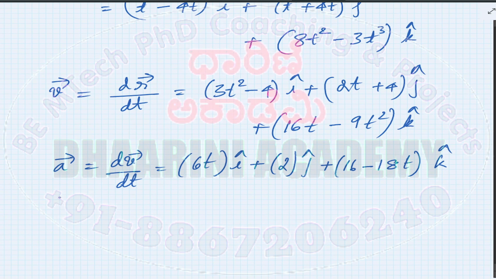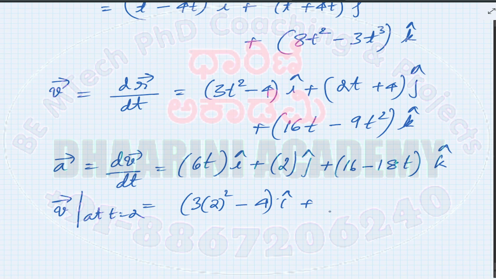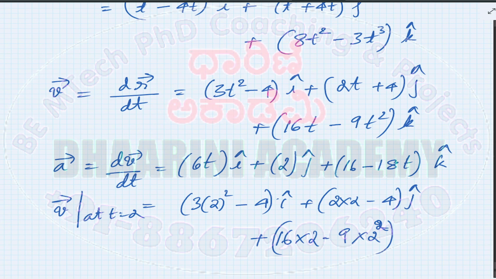Let's write v at t equal to 2 is equal to, I'm simply going to substitute t equal to 2 in the equation of velocity, so that this is 3 times 2 square minus 4 times i cap plus 2 into 2 minus 4 times j cap plus 16 into 2 minus 9 into 2 square k cap.